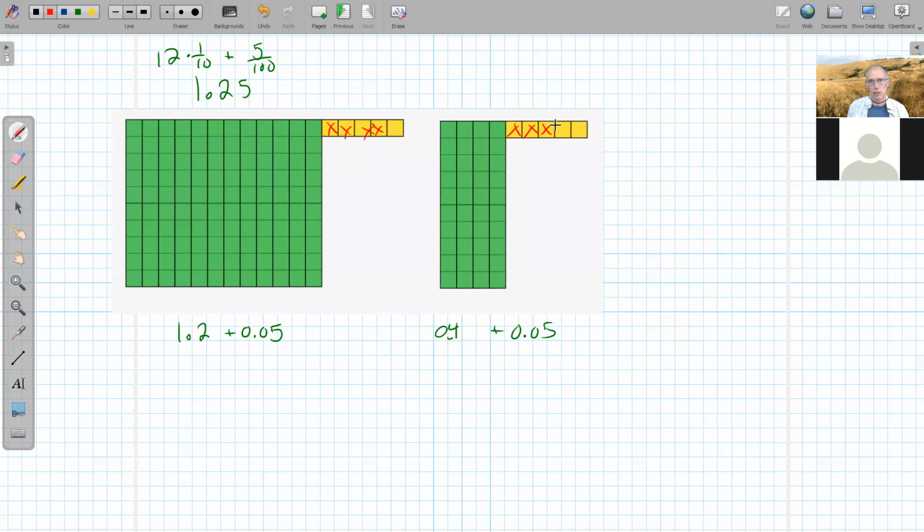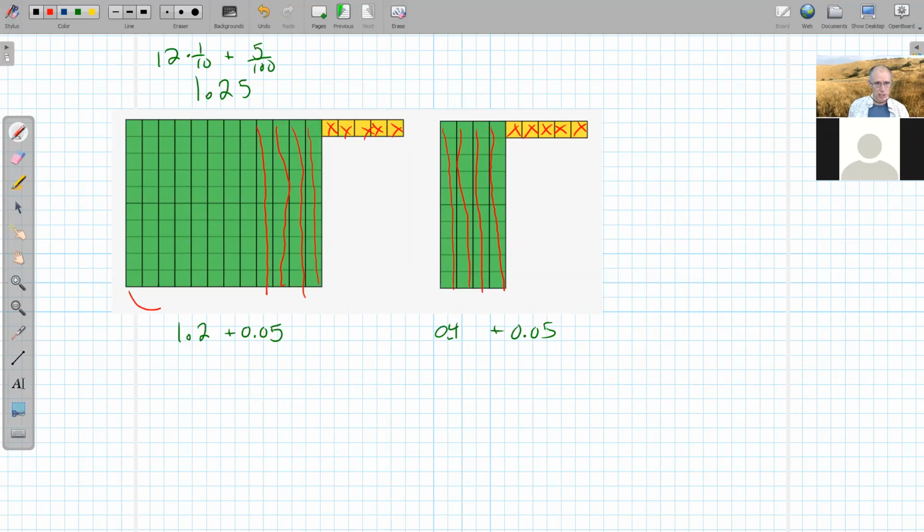Compare, compare, compare. Sometimes we draw lines connecting them. Then I compare these: one of those to one of those, and so on. I'm going to make a diagonal, but I'm having trouble with my digital pen today.